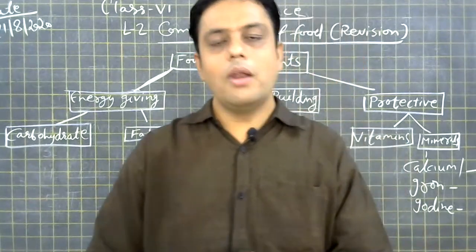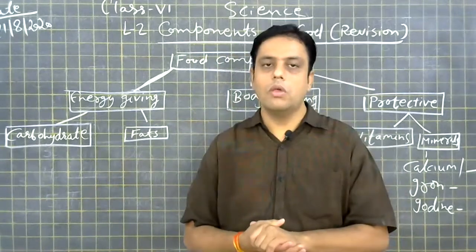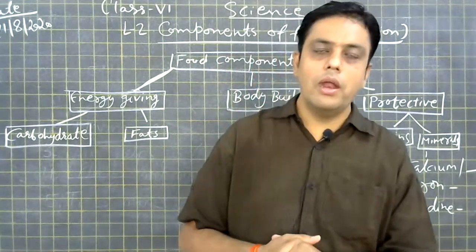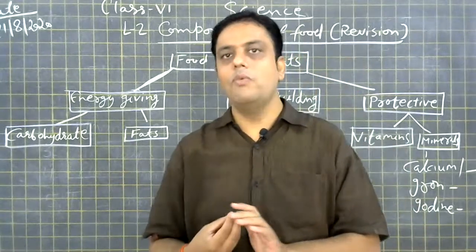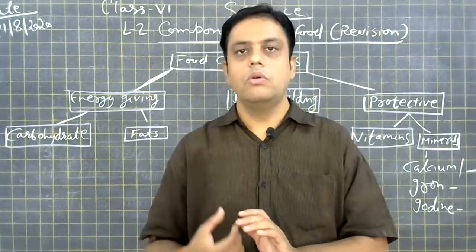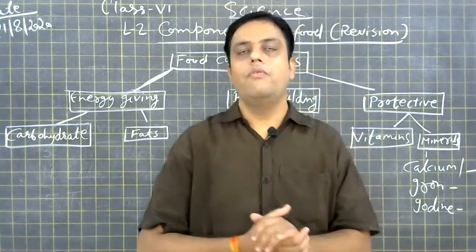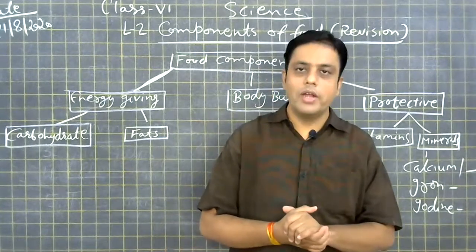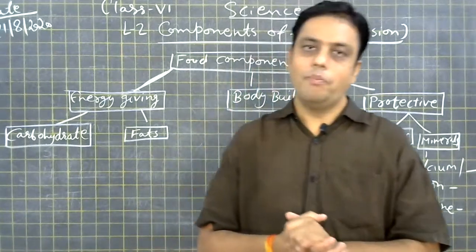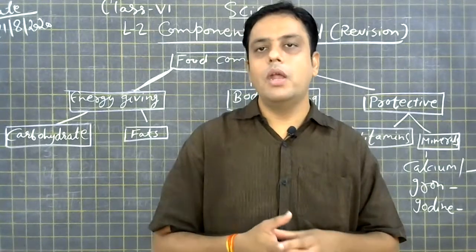So water is used for transporting substances. All the substances that we are eating, we need water to transport from one place to another. If you see, in all the food items there is water present, or when we cook the food, water is present in the food.